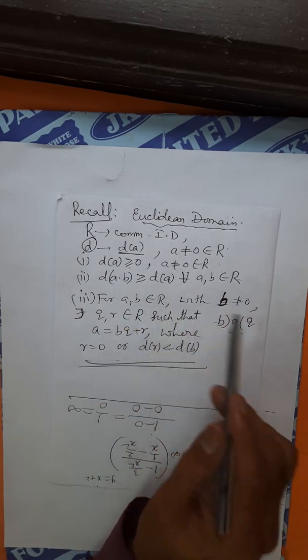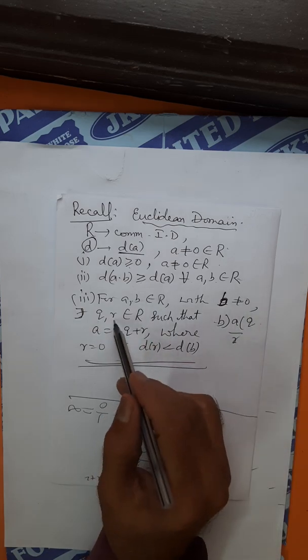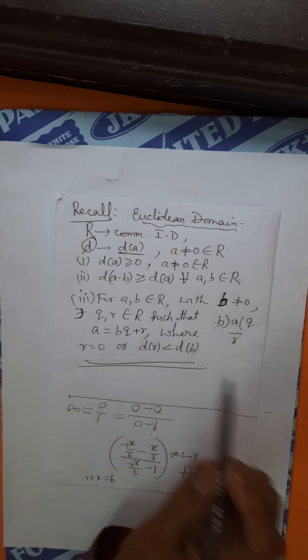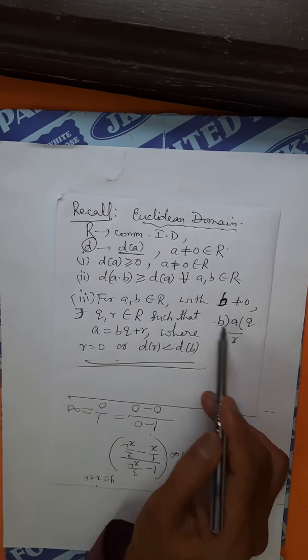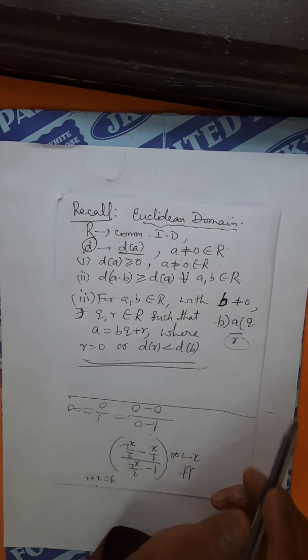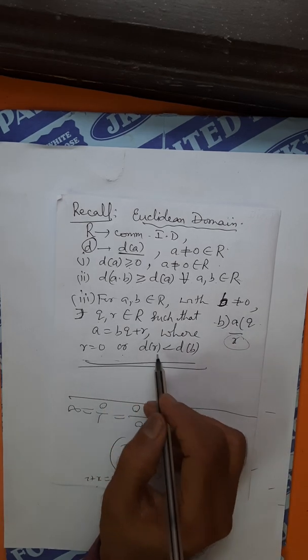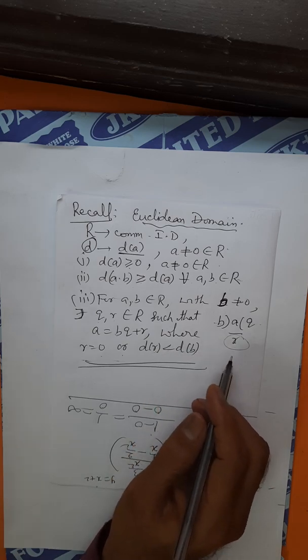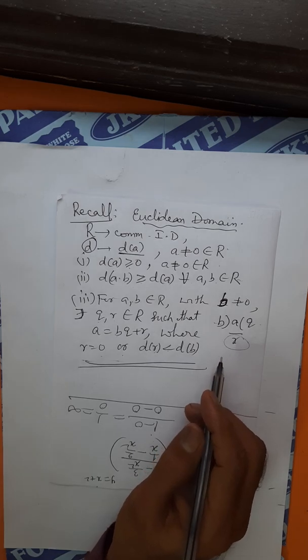For a, b belonging to R with b not equal to 0, there exist q and r in R such that a equals bq plus r, where the remainder r is either 0 or d value of r is less than d value of b. And this is our definition of a Euclidean domain.